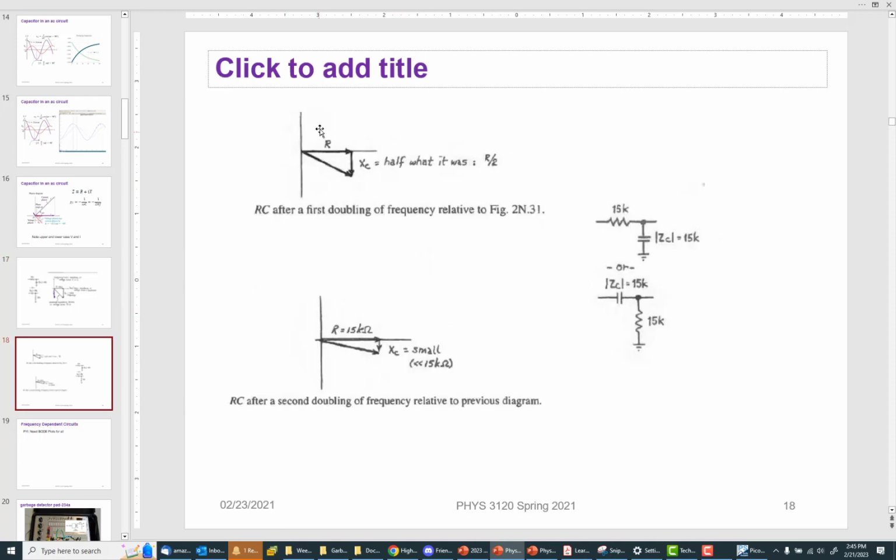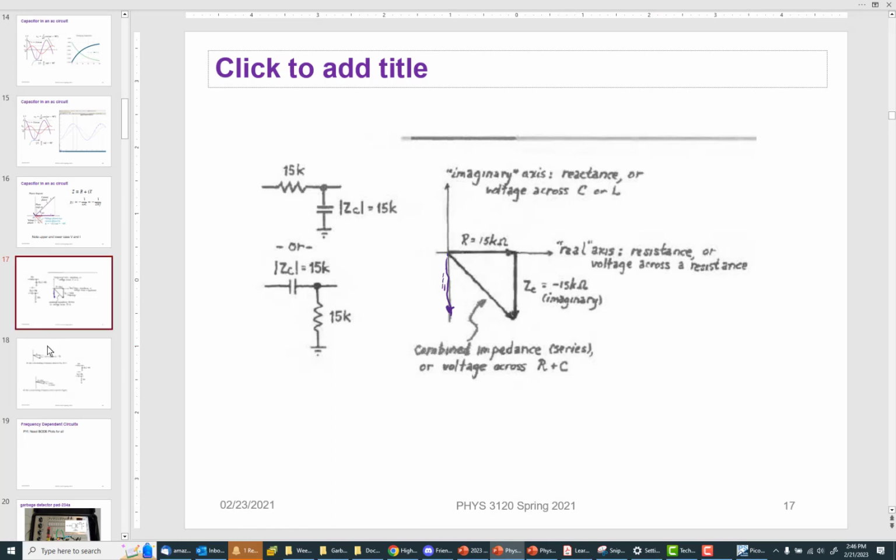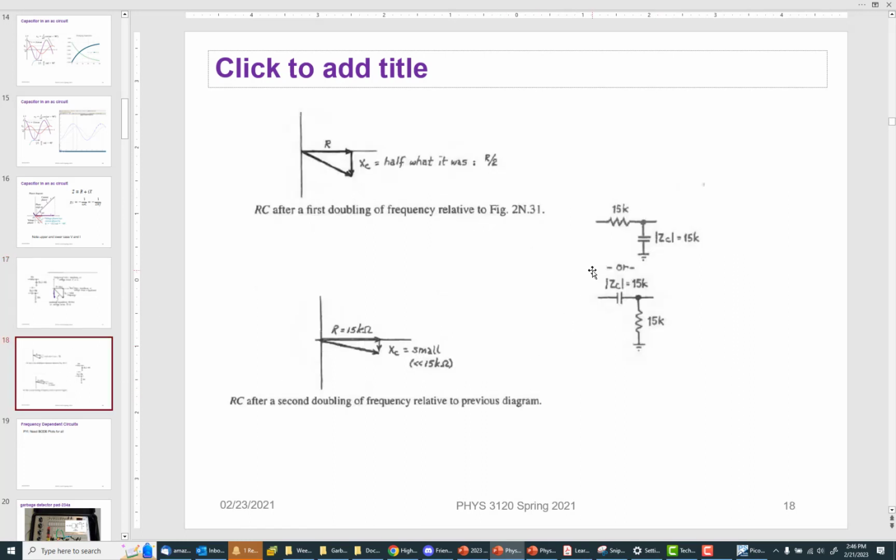And so as in this case, doubling the frequency means that I'm making the capacitor's Z half. Before it was half and half. You see it was 45 degrees there. Now I've doubled the frequency and halved the Z of the capacitor, and then I double it again. And you see how the capacitor has less and less of an effect.